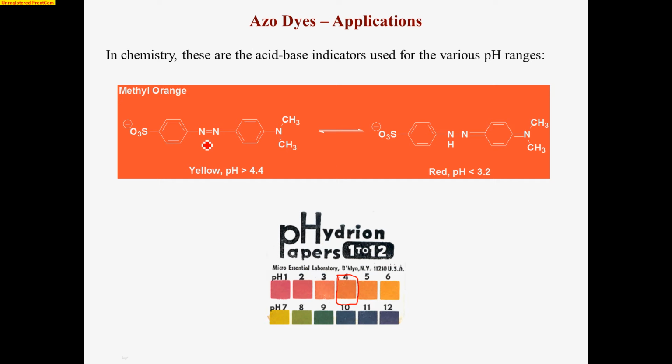Because you're going to protonate this nitrogen, and you still have conjugation throughout because this lone pair is still going to stay in conjugation with the whole system. But by protonating that, you just change the overall aromatic system, and that changes the wavelength of light that it absorbs.